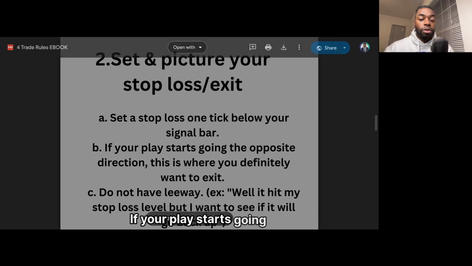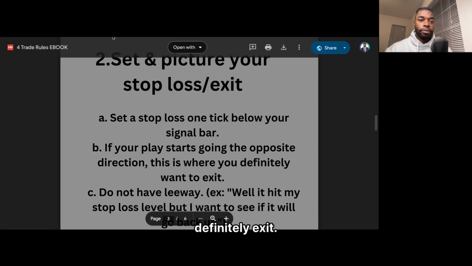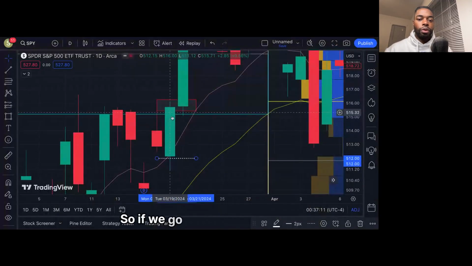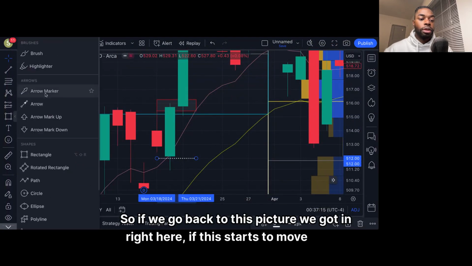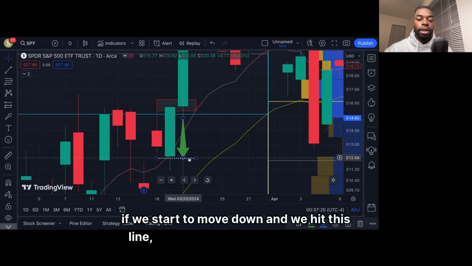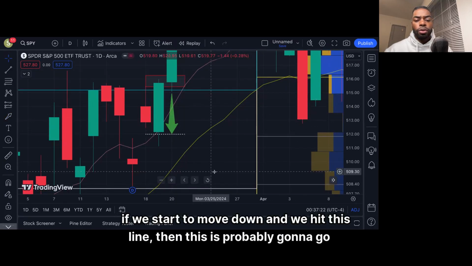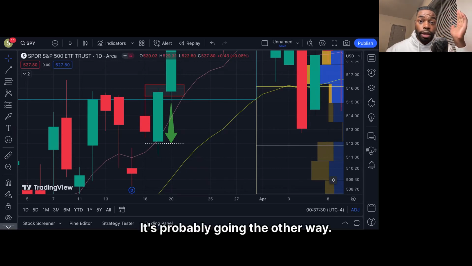If your play starts going the opposite direction, this is where you want to definitely exit. So if we go back to this picture, we got in right here, if we start to move down and we hit this line, then this is probably going to go in the opposite direction. Okay, so that's why we keep that as our stop loss. If we hit that line, you got to get out of the trade. It's probably going the other way.